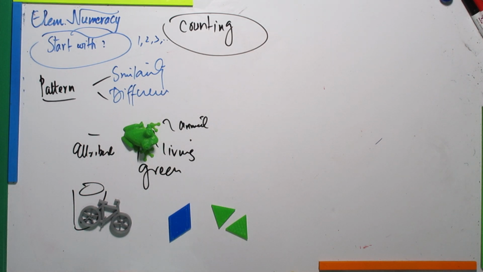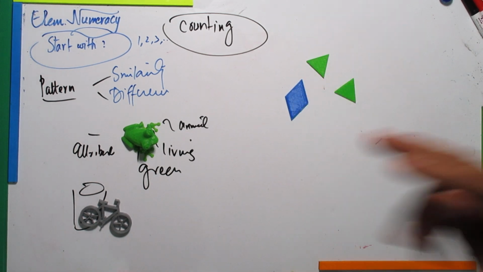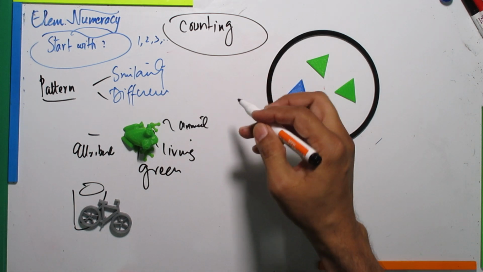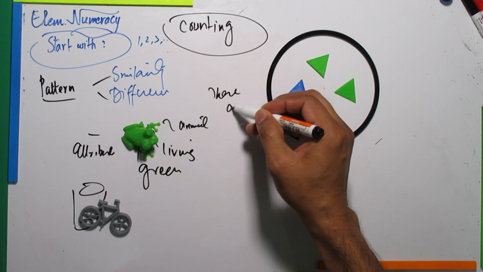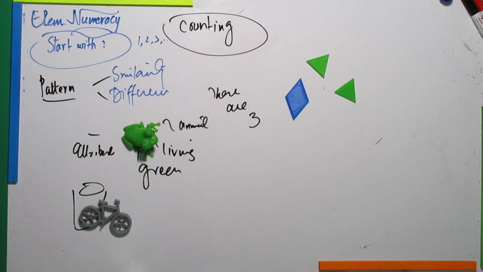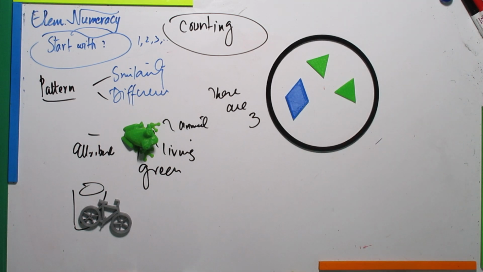When I say I'm counting these things, whether there is a basket or not, I am making a mental basket. Oh, these are 3. Saying these are 3 actually means I have made a set in my mind, and the number of elements in this set is 3.